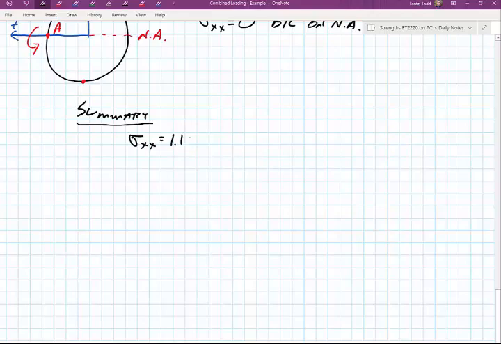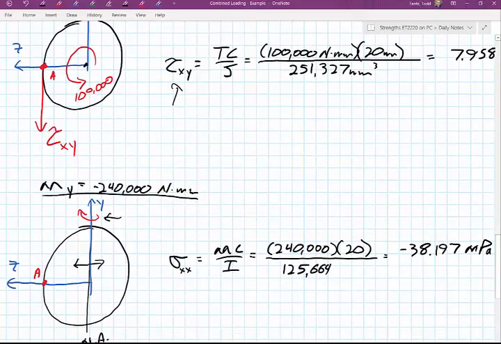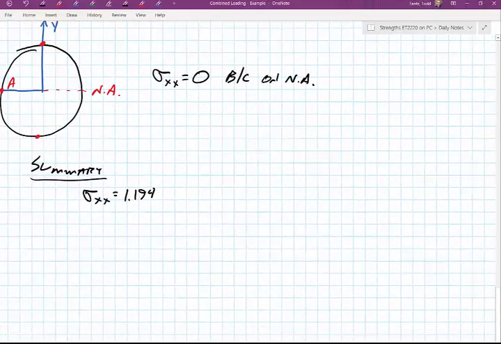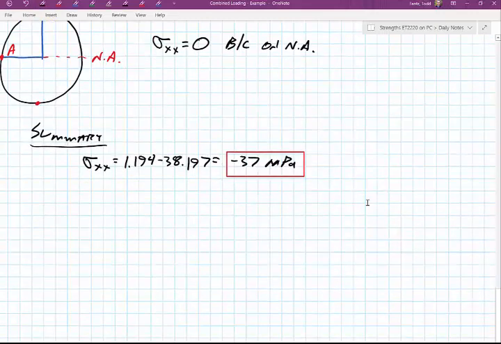Then from the moment I have this negative 38.197. 1.194 minus 38.197 together gives me negative 37 megapascals even. That's cool.